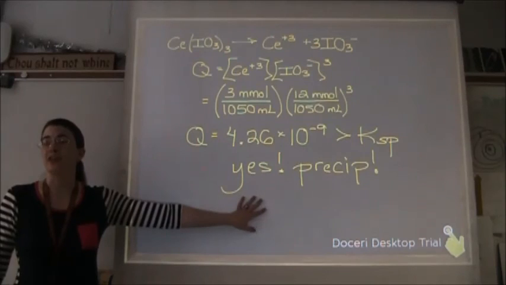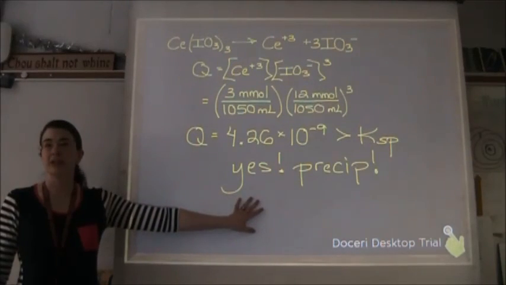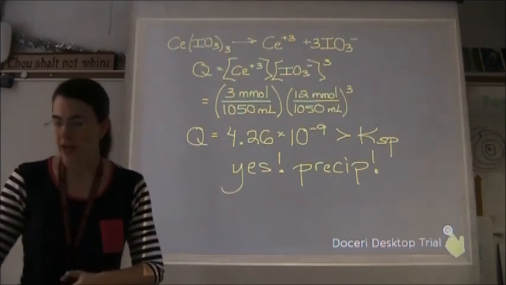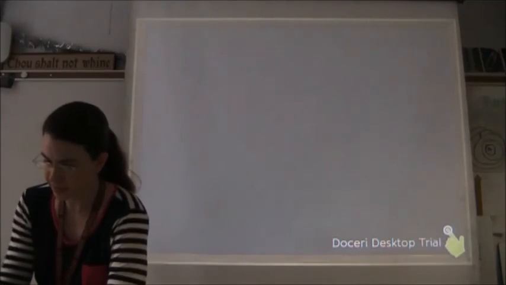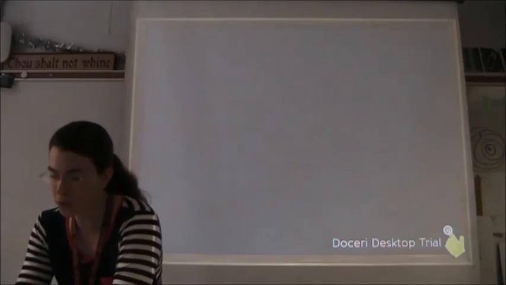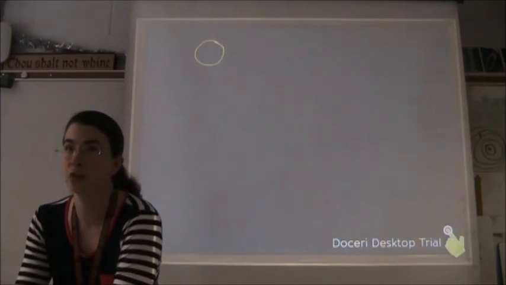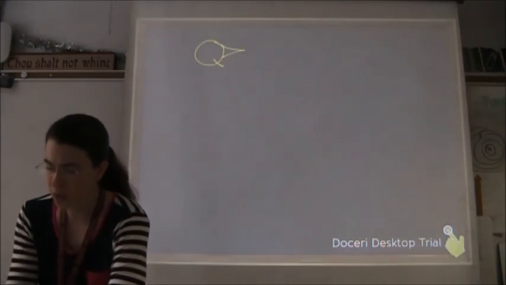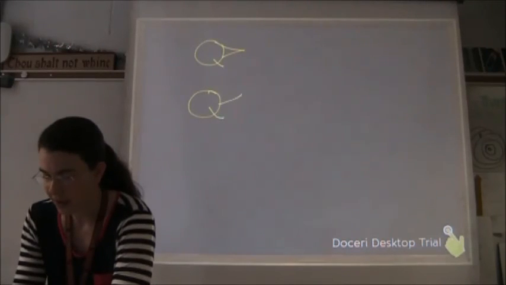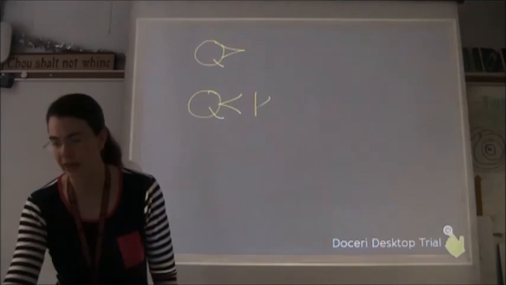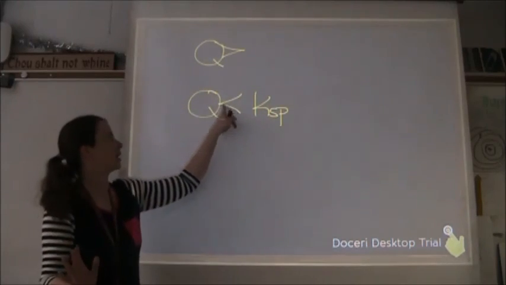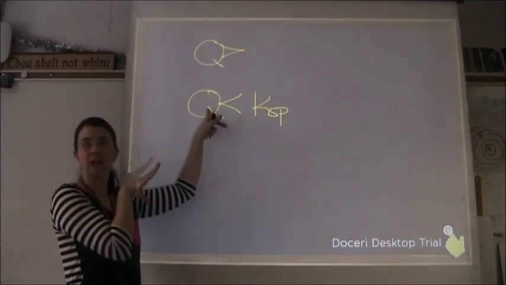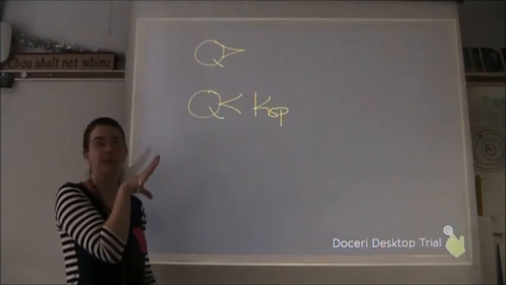Are you ready for the super silly memory trick? To remember, if Q is greater than KSP, yes. Okay. Here is the super silly way to do this. Think of the letter Q as a duck. Q for quack. That's why duck. Okay. If Q is less than KSP, think of that as like its beak is open. Okay? This is a rabid duck who is going to eat anything in its pathway.